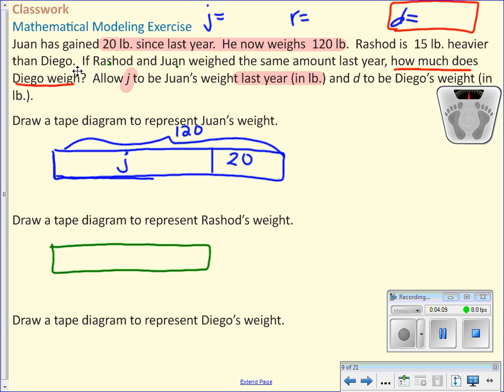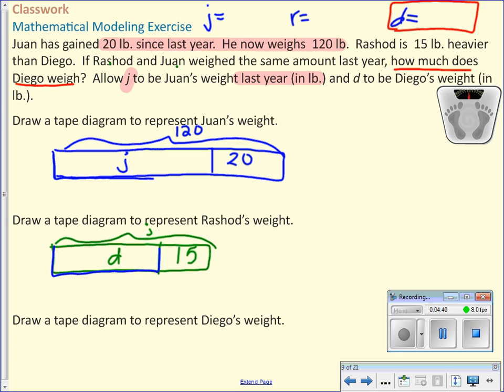But I also know that Rashad is Diego's weight plus 15 pounds. And I know that this is Juan's weight last year. So Rashad's total weight is the same as Juan's weight last year, but it's also Diego plus 15.